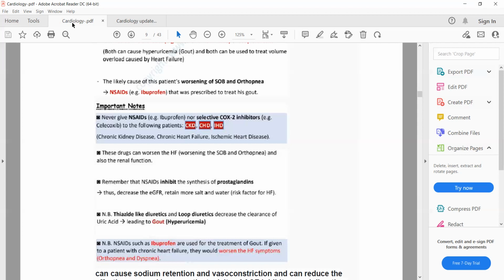But for long-term basis, we can give ACE inhibitors or ARBs or aldosterone antagonists such as spironolactone, or we can give beta blockers as well. Okay. Thank you.